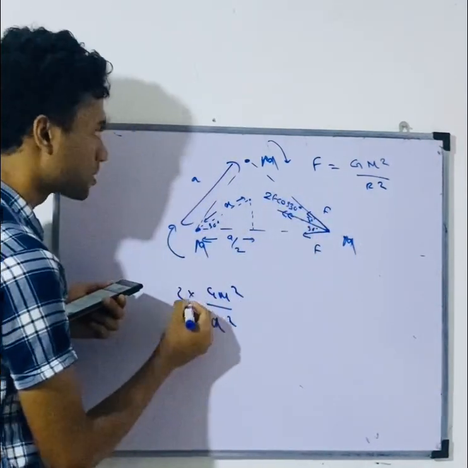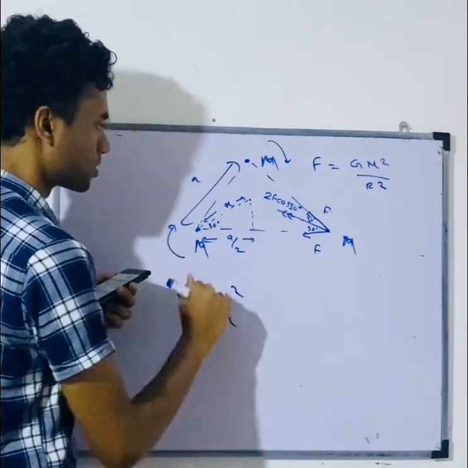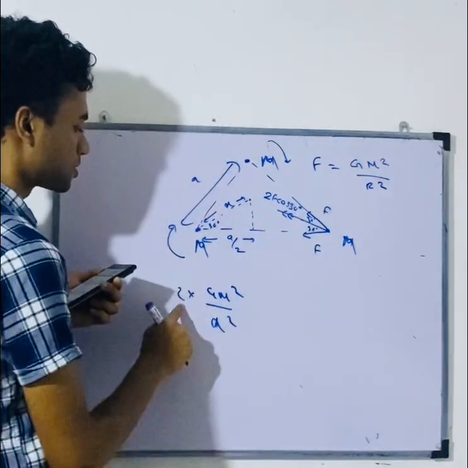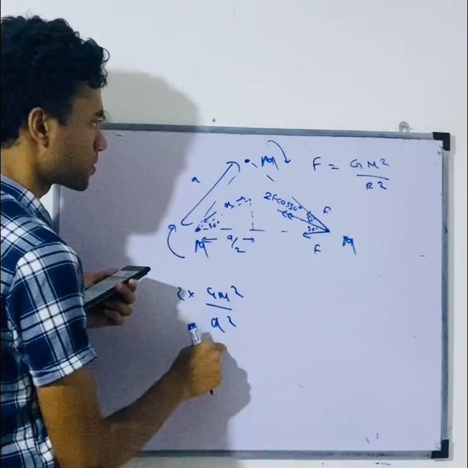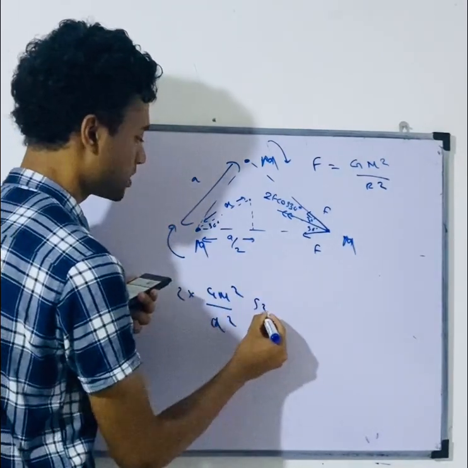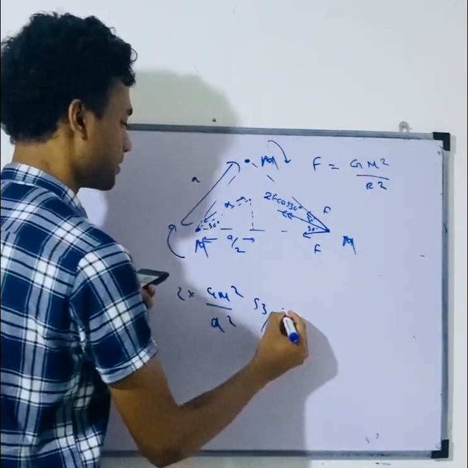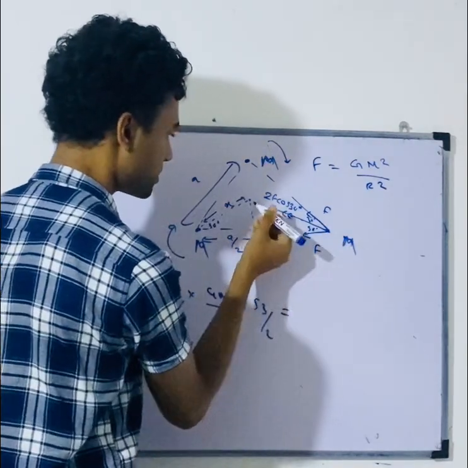So 2 times GM squared over a squared times cos 30, and cos 30 is root 3 over 2. This is the force towards the centroid.